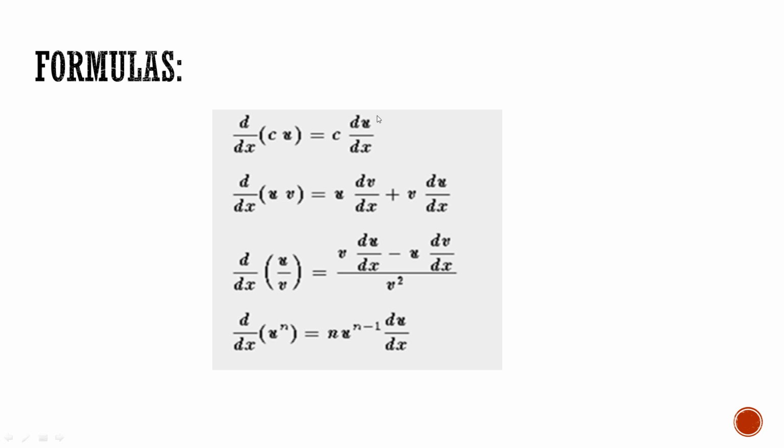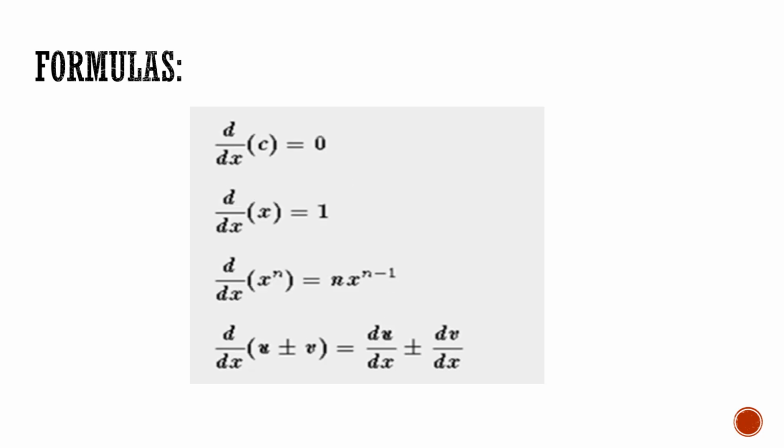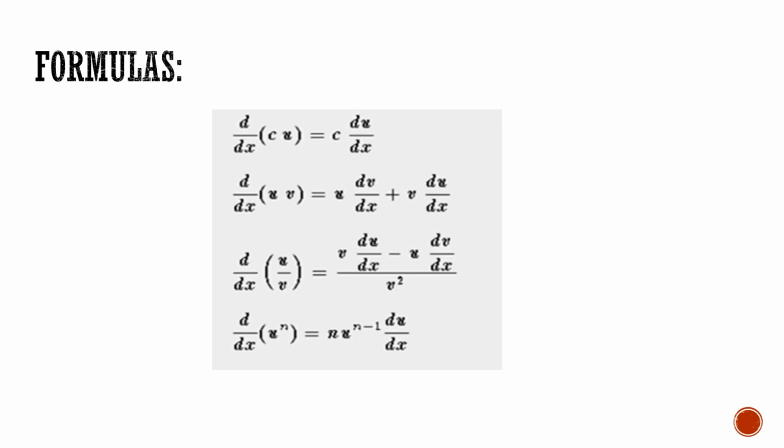So don't be confused. We said earlier the derivative of a constant is 0, but that constant has no variable. So this time, this constant has a variable paired with it. So what you do is copy the constant and then derive the variable.